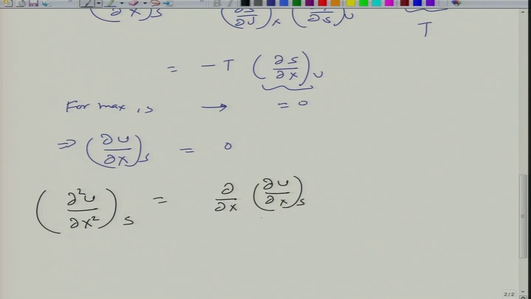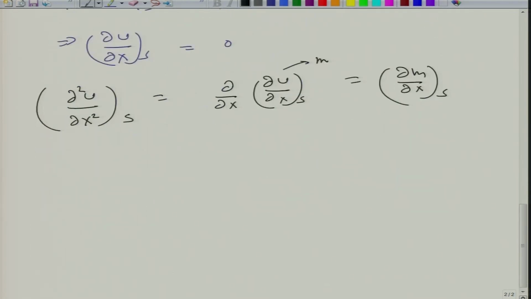For the sake of simplicity, we call this M. Then it becomes del M by del x at constant S. We need to find this out. Now, M is a function of U and x. From the definition, you can clearly see M is a function of U and x.